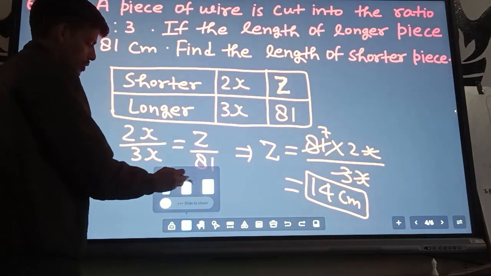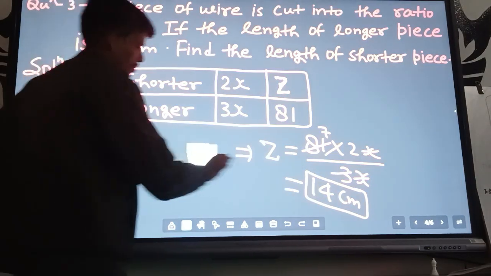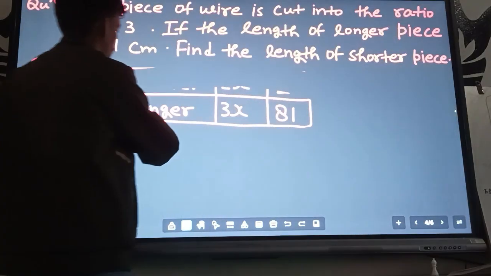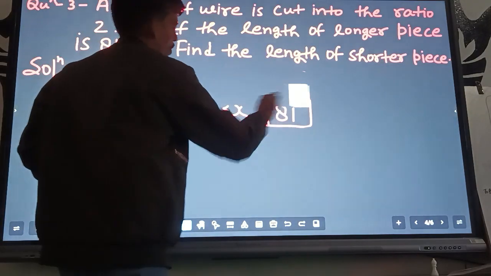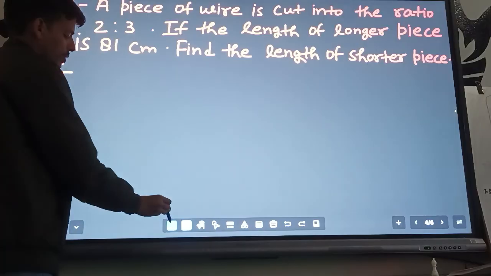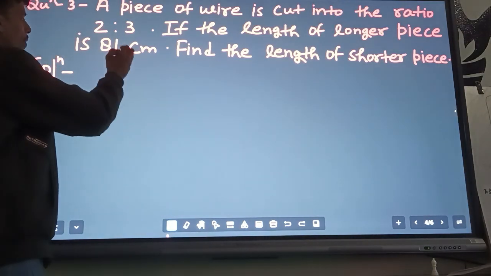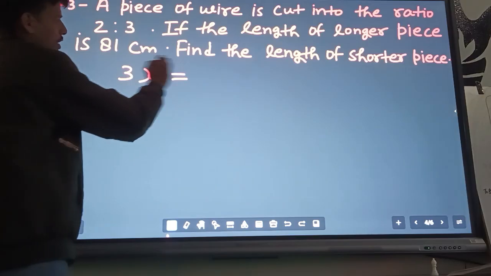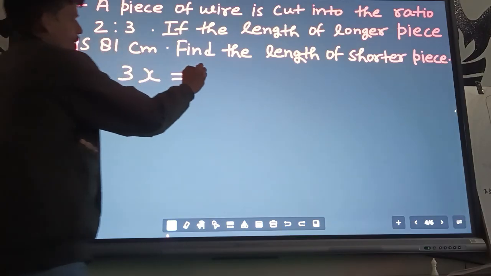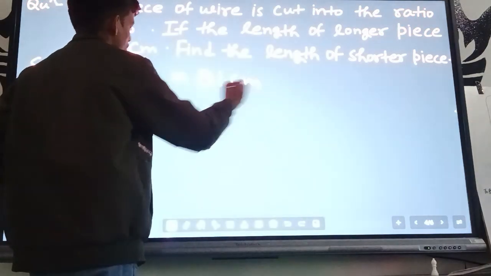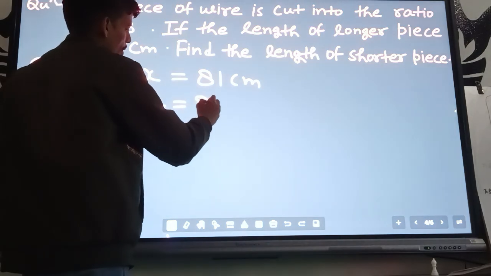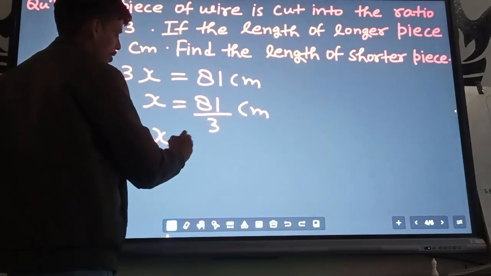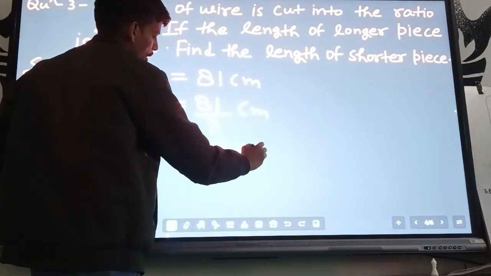We will solve this question by another method. We will solve this by ratio method. The value of longer means 3x, and 3x equals 81 centimeter, means x equals 81 by 3 centimeter, means x equals 27 centimeter.